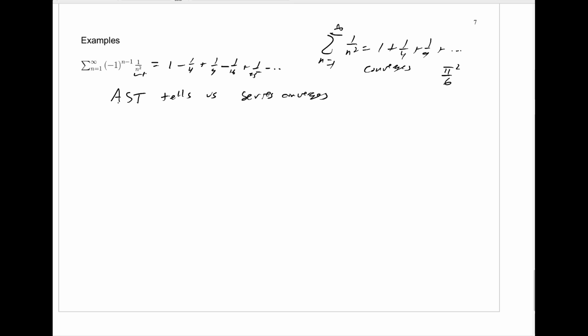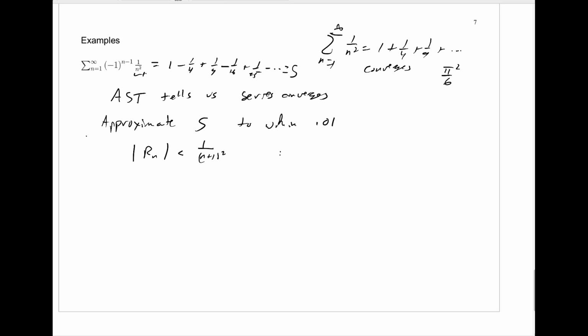Let's say I want to approximate the value, what I'll call S, the total sum of this series. If I want to approximate S to within, let me just use 0.01 here, 1/100th, how many terms do I need? Well, if I use n terms to compute S sub n, the error, which we call R sub n, is at most the size of the next term, which is 1 over n plus 1 squared.